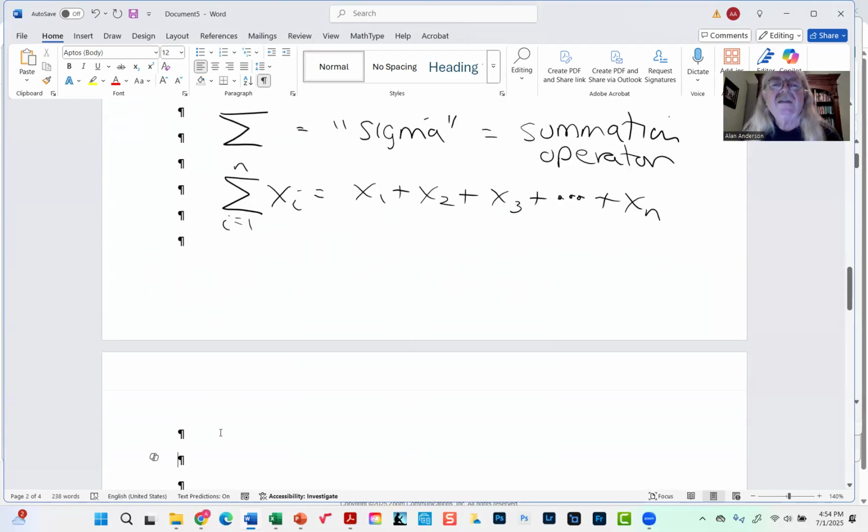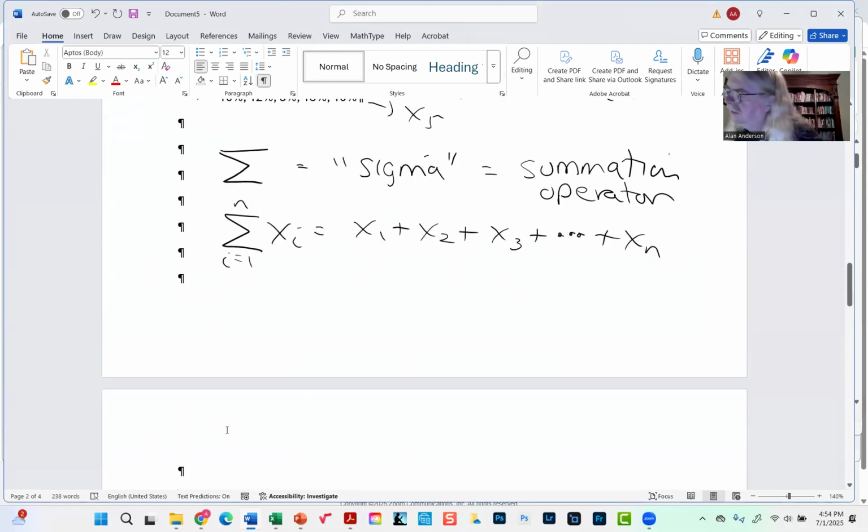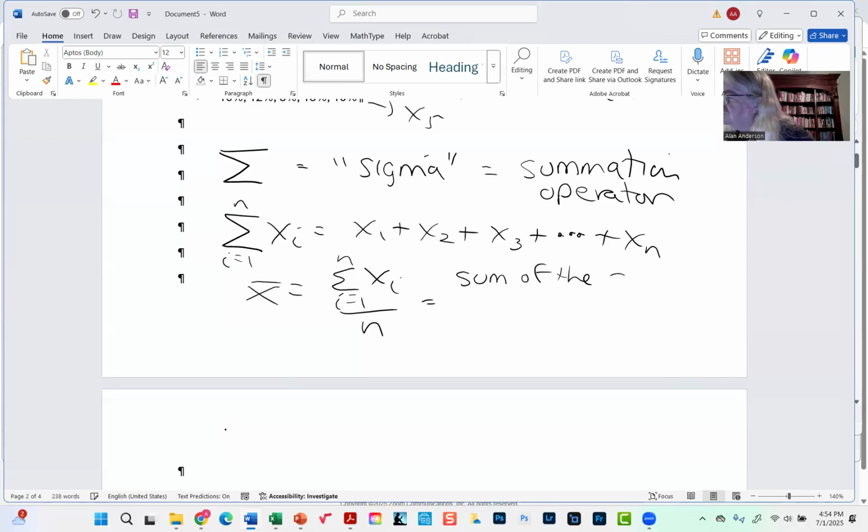So finally then, what this is telling us is that the sample mean is the sum of the elements in the sample divided by the sample size.